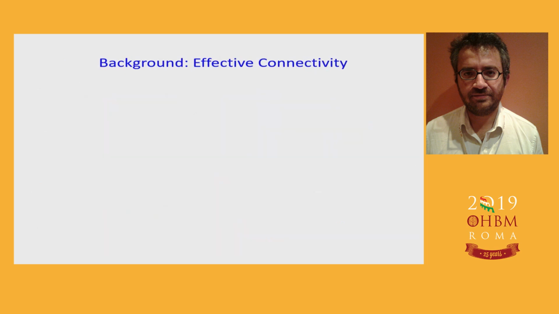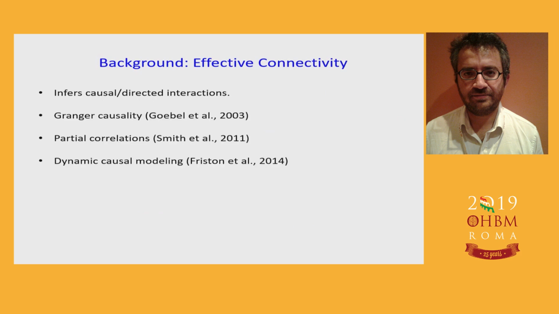Effective connectivity, unlike functional connectivity, infers causal or directed interactions. Several methods have been developed, including Granger causality, partial correlations, and dynamic causal modeling, although until recently it was limited to mostly task scenarios, and it uses an explicit hemodynamic response function.